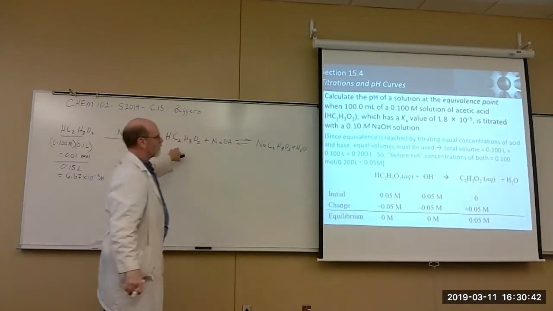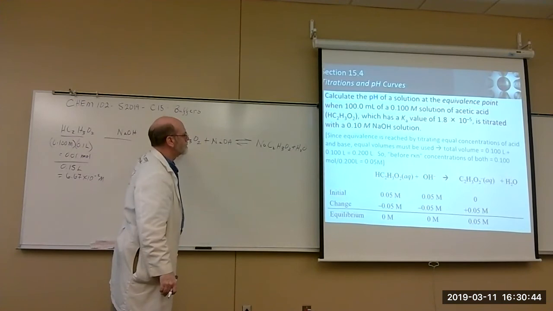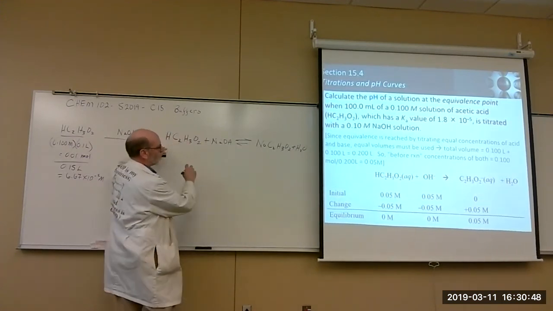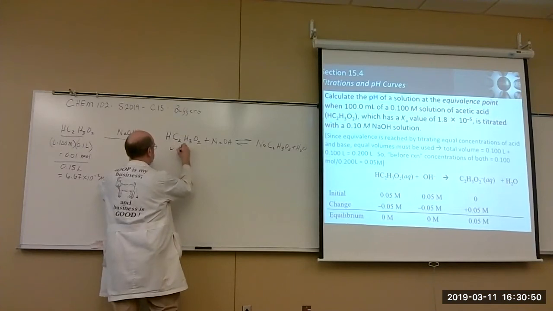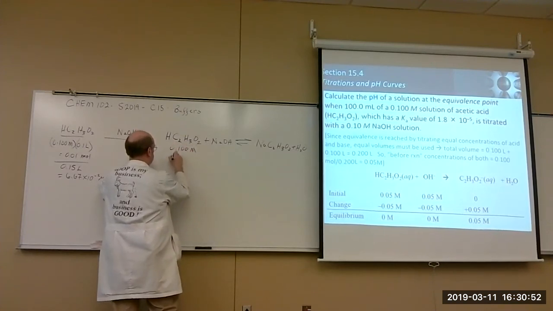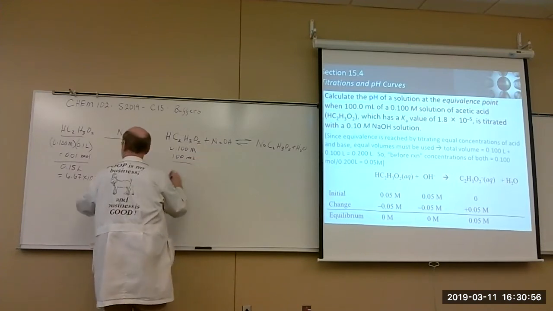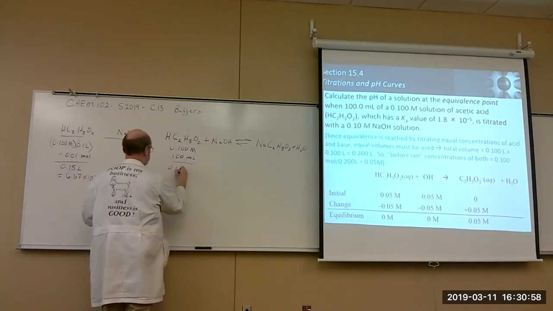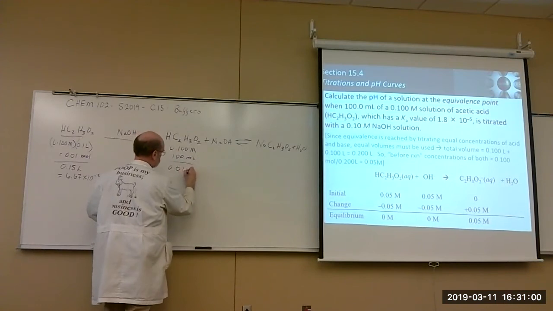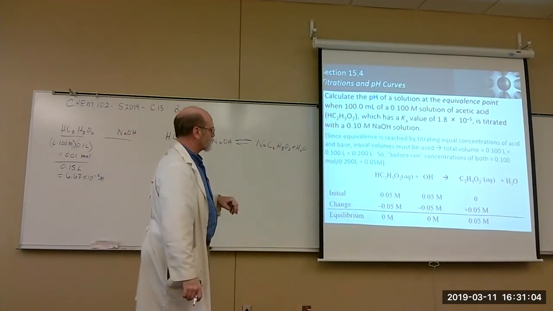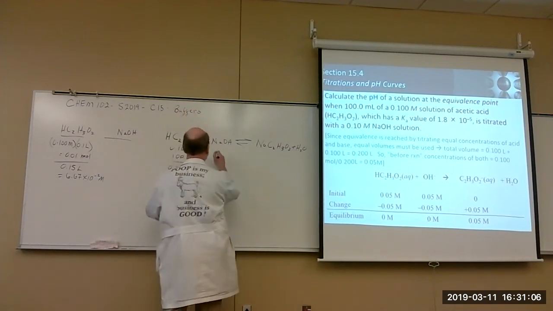Okay, so we're starting off with 100 milliliters of 0.1 molar acid, and we determined that that would be 0.01 mole. Sodium hydroxide, we're starting off with 0.1 molar.